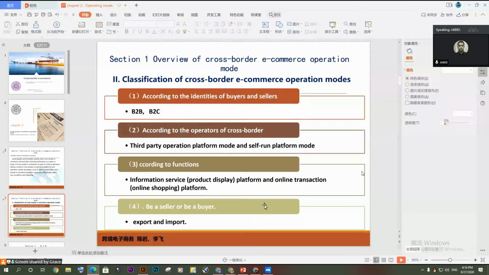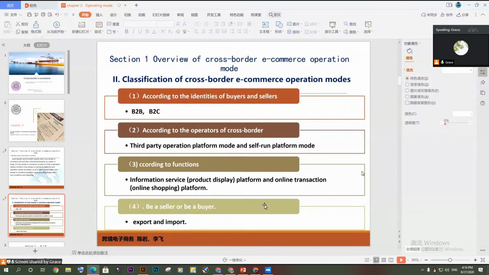Section 1 and question 2, that is the classification of cross-border e-commerce operation modes. We just talk about the first one, according to the identities of buyers and sellers. There are different types of operation modes for cross-border e-commerce, but the most popular two types are B2B and B2C.